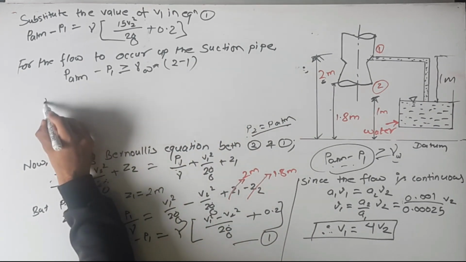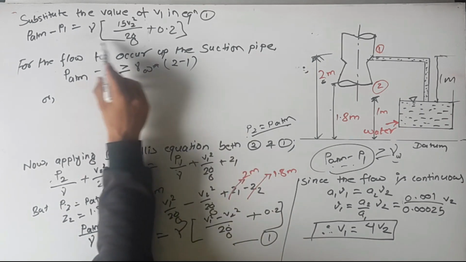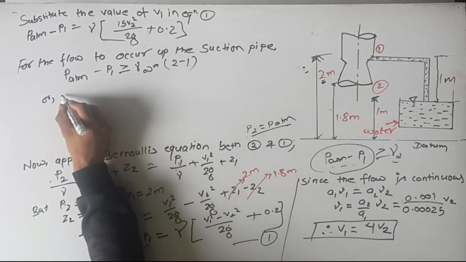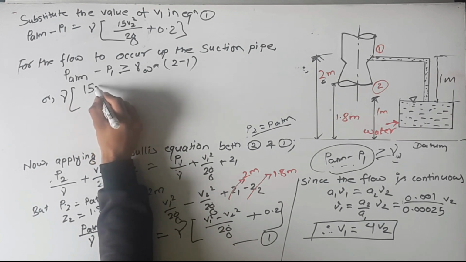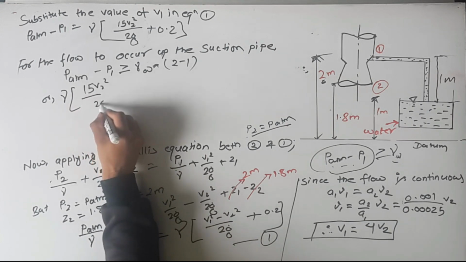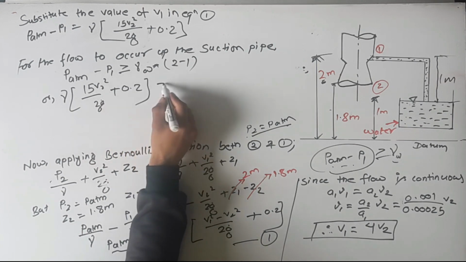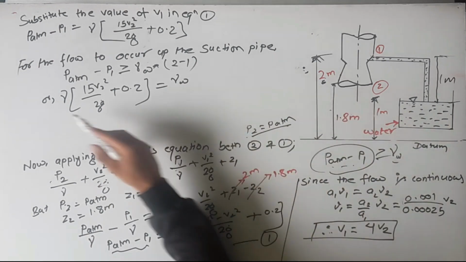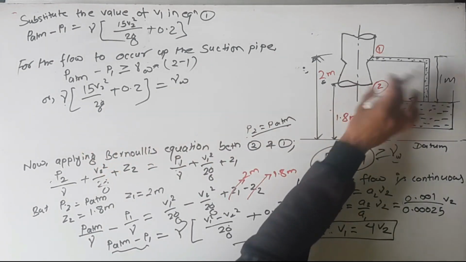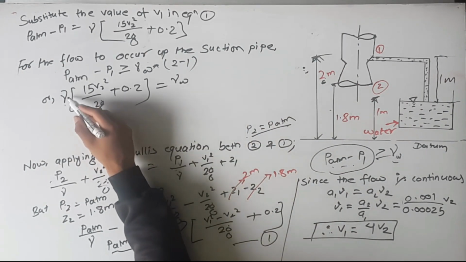In place of PATM minus P1, we can substitute this value: gamma times (15 V2 square upon 2G plus 0.2) equal to gamma W. Here gamma is also the gamma of this liquid, so gamma W and gamma cancel.